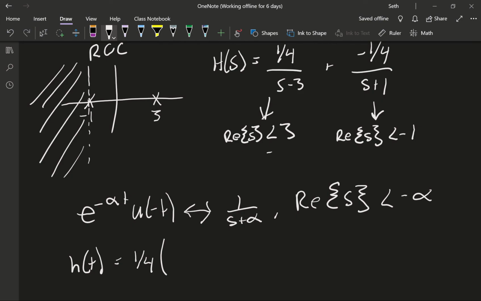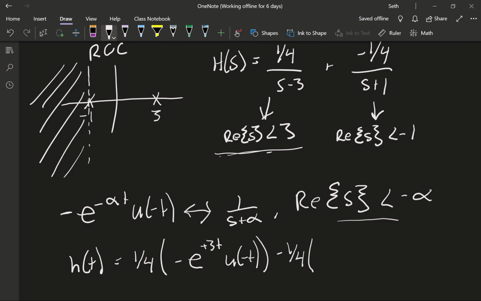For this first one right here, our alpha is -3, so if we put -3 in here, we get real part of s is less than minus minus 3, that's plus 3, that's our condition, so we get, forgot that negative sign right there, we get minus e to the minus 3 plus 3 t u(-t), and then we get minus 1/4.